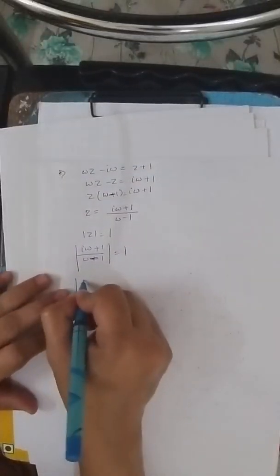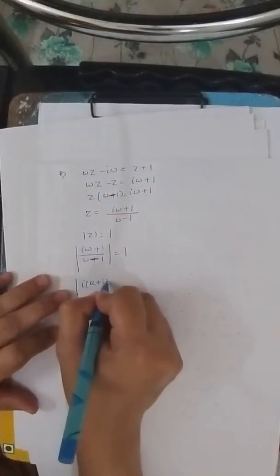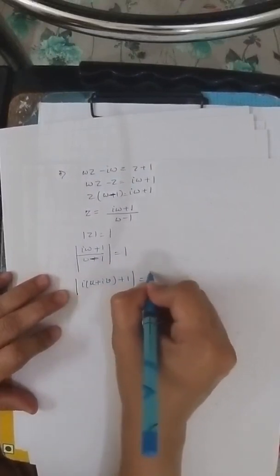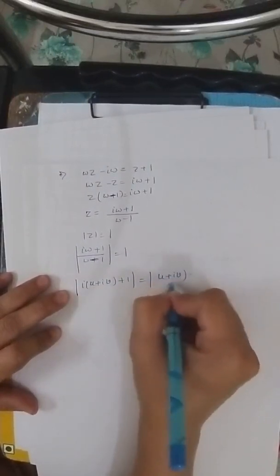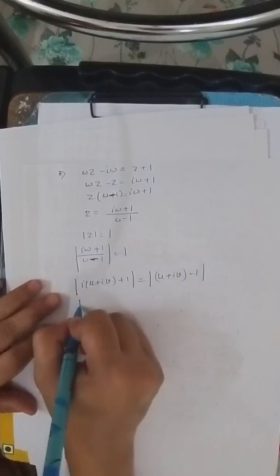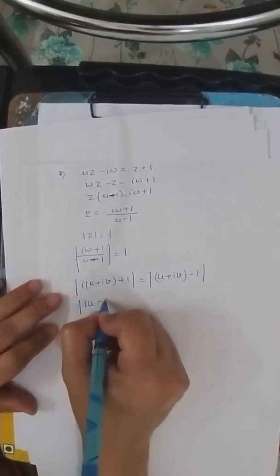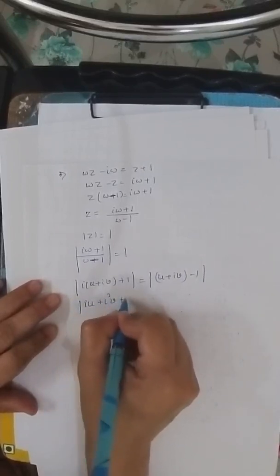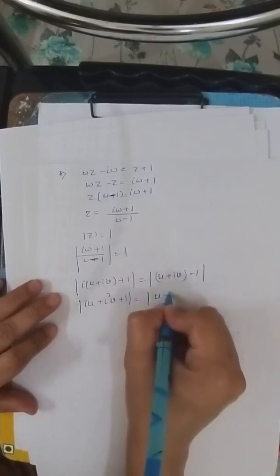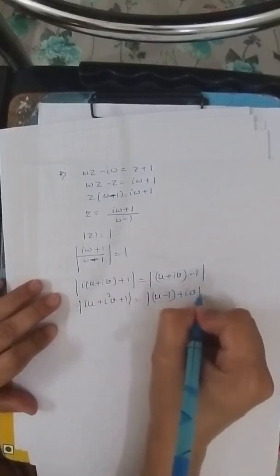That is, |ι(u+ιv)+1| = |u+ιv−1|. That is |ιu+ι²v+1| = |u−1+ιv|.